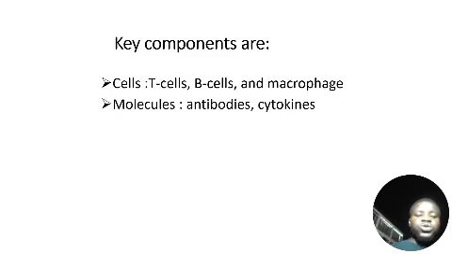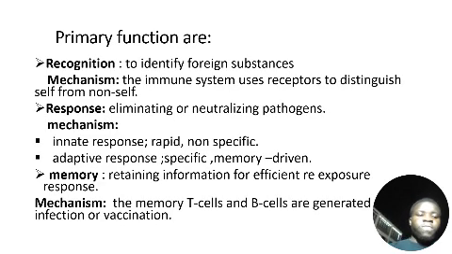The immune system has two components. There are cells, which are T cells, B cells, and macrophages, and molecules, antibodies and cytokines. The primary functions of the immune system are recognition, which is to identify foreign substances, where the immune system uses receptors to distinguish self from non-self.